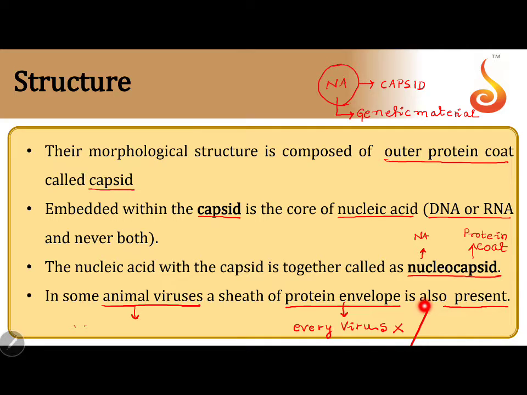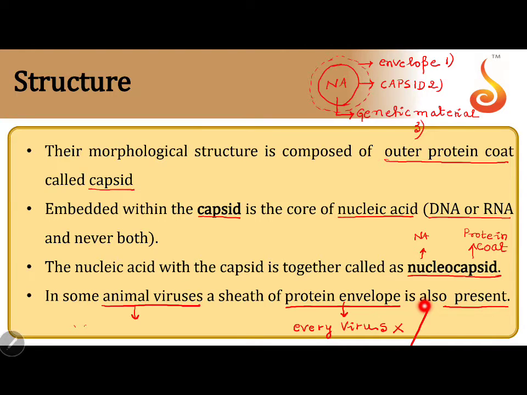There are only few animal viruses. So if I have an envelope, that will be outside the capsid. So from outer to inside, if there is an envelope, I come across envelope, then followed by capsid, then followed by genetic material.